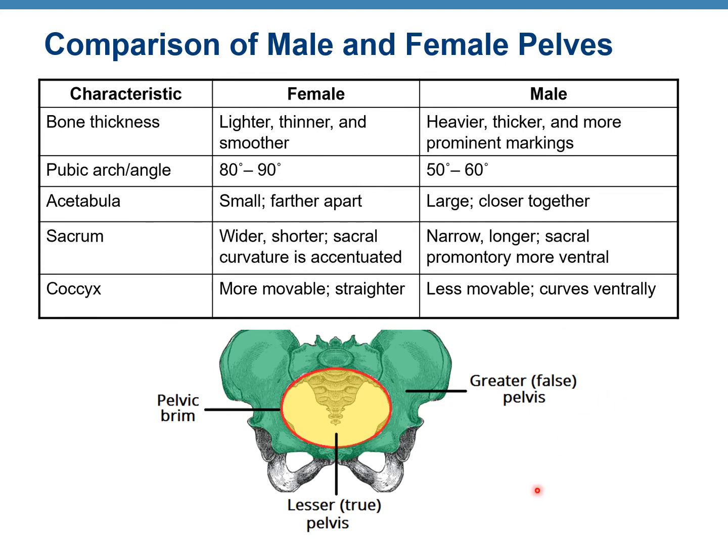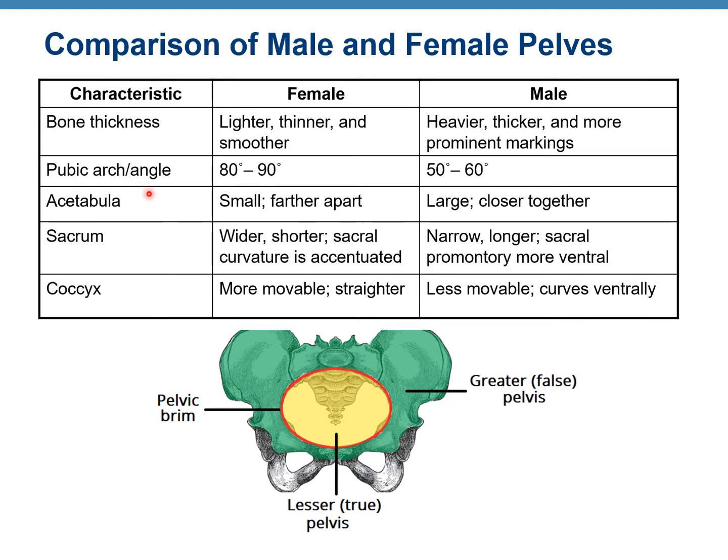In this slide, we're going to compare male and female pelvises. There are very many characteristics that allow us to distinguish between male and female pelvis. Here we have some of them. Bone thickness in a female is lighter, thinner, and smoother, and in a male it's heavier, thicker, and more prominent markings are present.